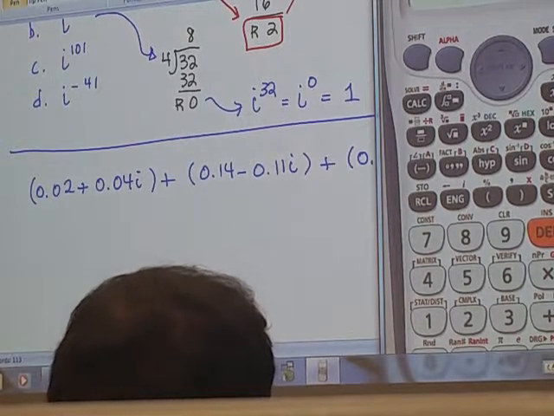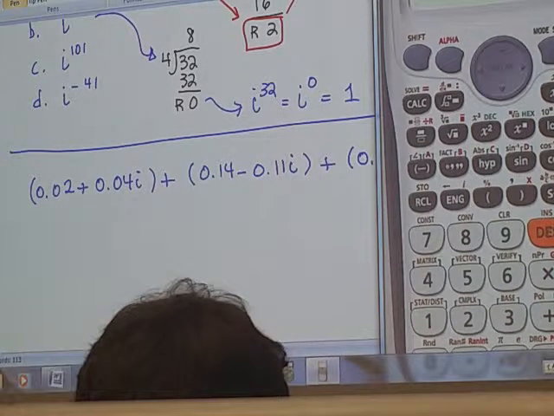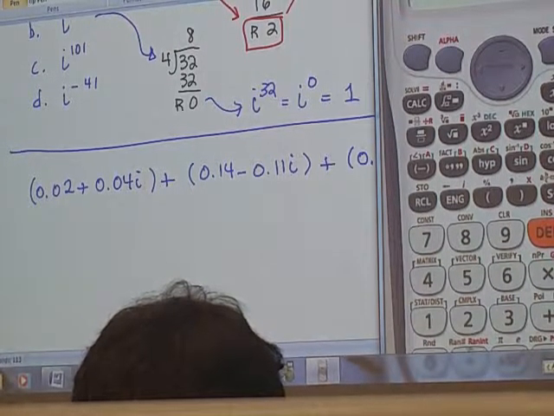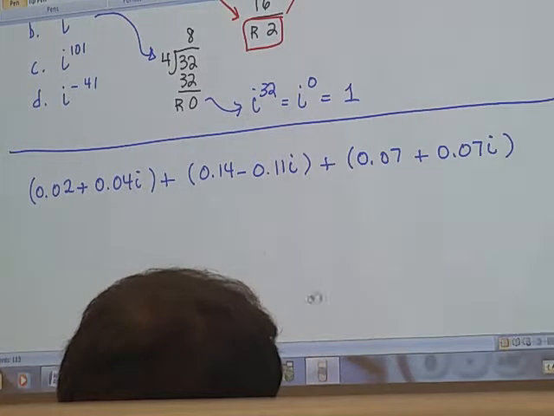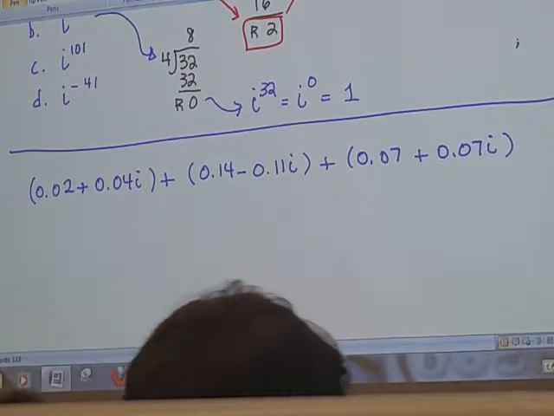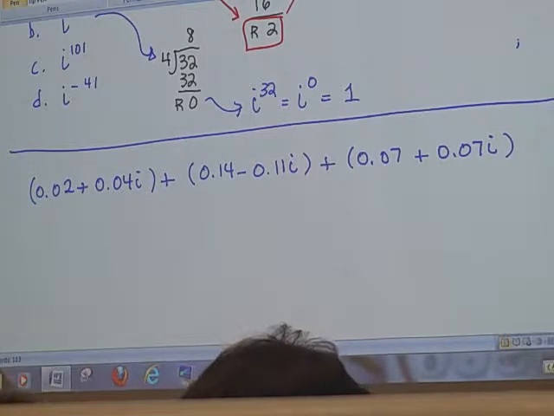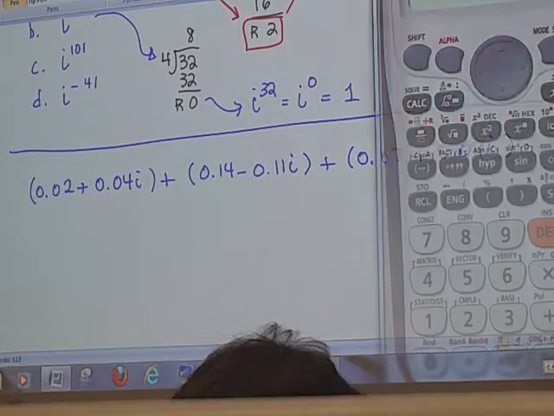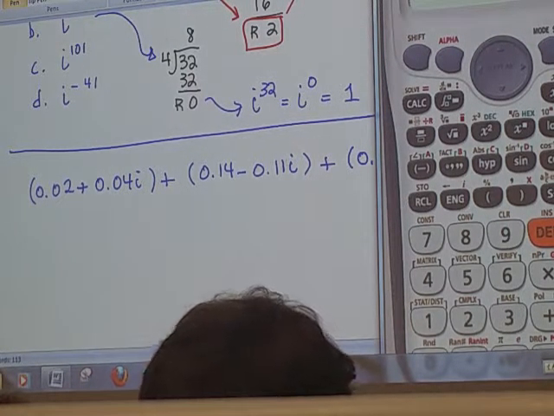Plus 0.14, minus 0.11i. Plus. No, because they're all being added. I wouldn't need the parentheses if there was a minus sign in front, because I would have to distribute it. But since they're all added, you could type them in if you're a complete kind of person.